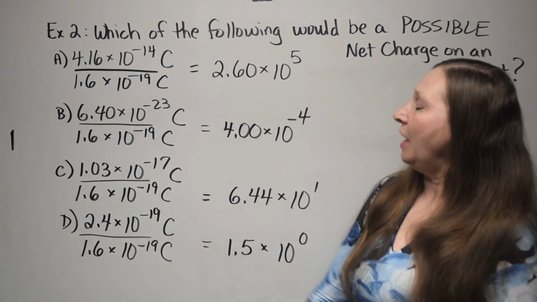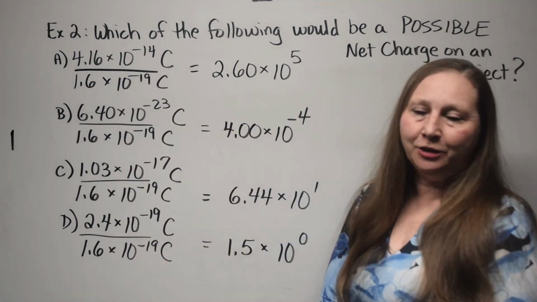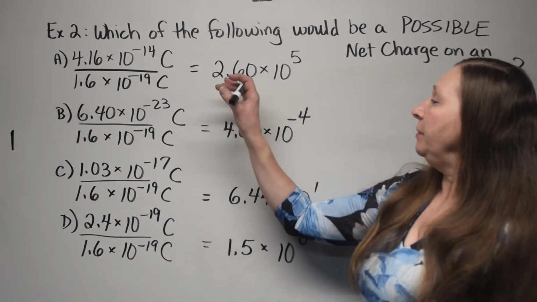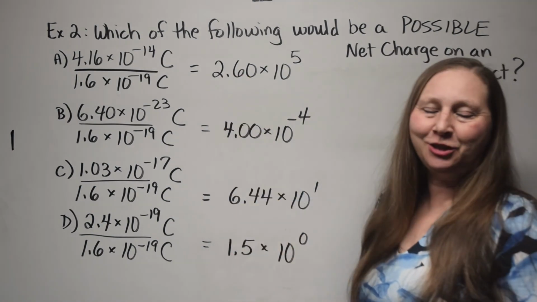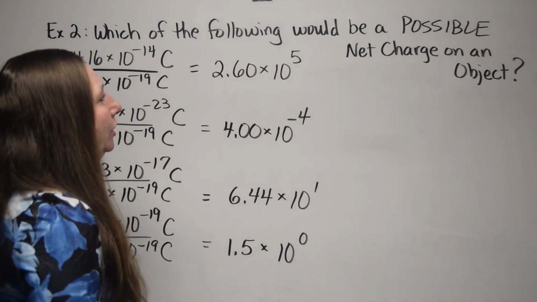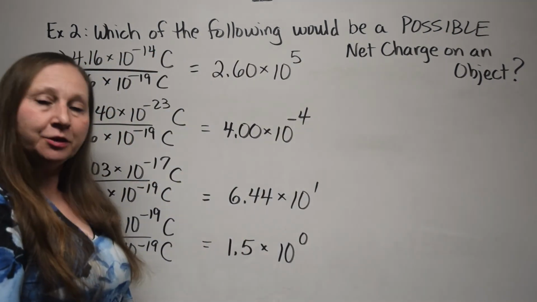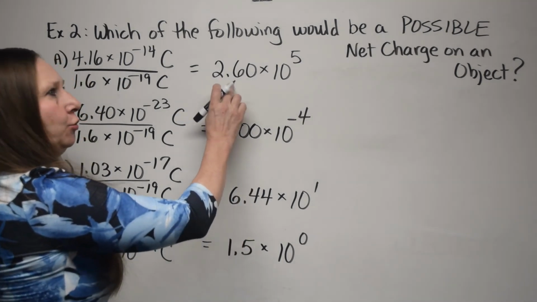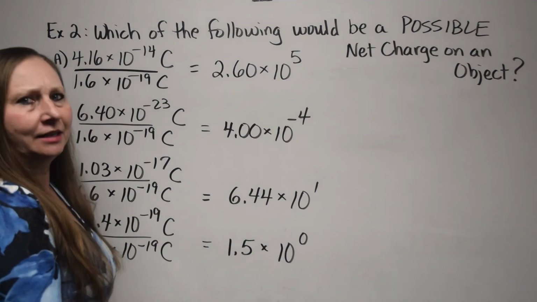So maybe you divided all of these possible answers by 1.6 times 10 to the negative 19 coulombs, and maybe your answers are in scientific notation on your calculator. So let's take a look at which one of these answers is a possible net charge. Now, you might look at this and say, oh, 2.6 is a decimal, it's not possible.